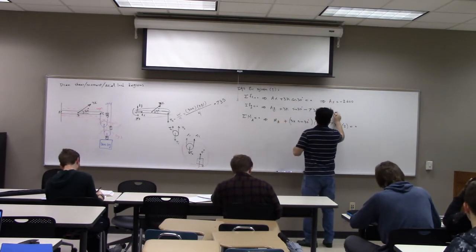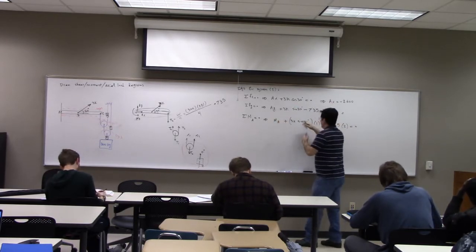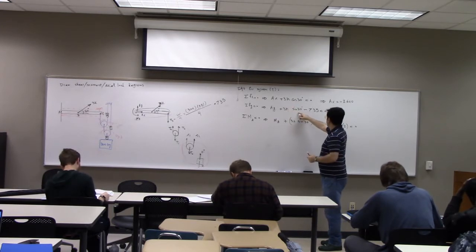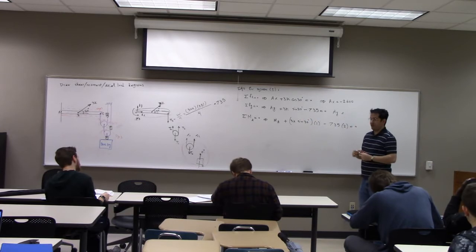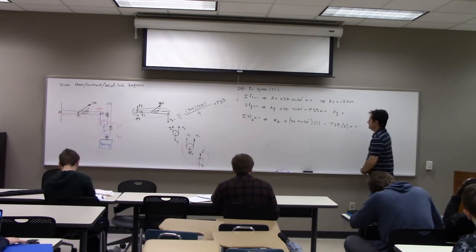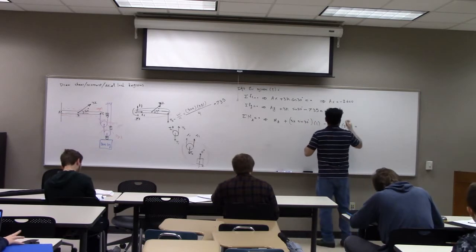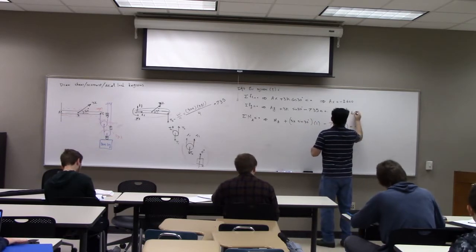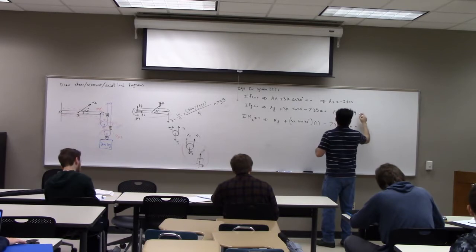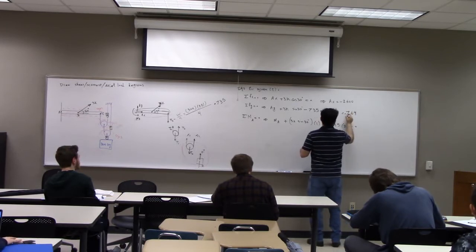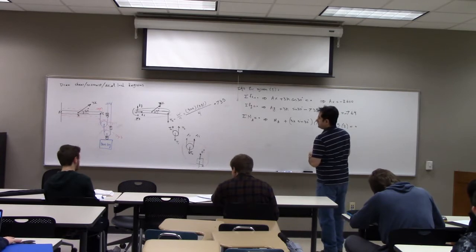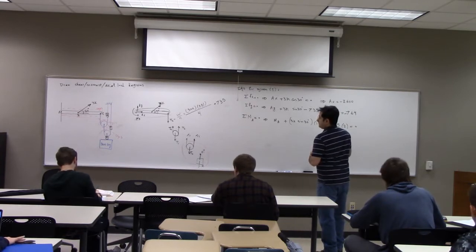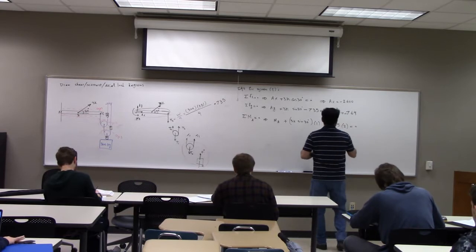AY is equal to 1.5k minus something around 735. Put in calculator, AY is equal to negative 764.25. And it's negative, right? Okay, yeah, it's good.